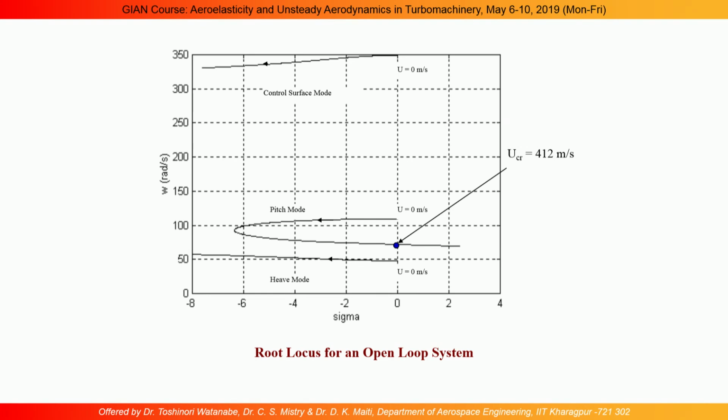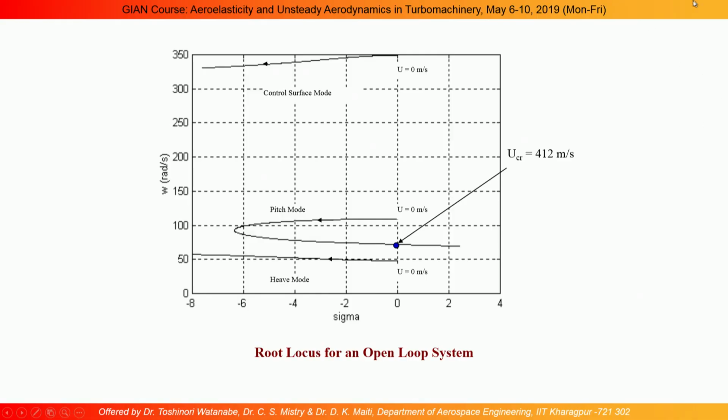The point or velocity at which it crosses is the flutter velocity. So this is another way of representing the flutter point, the root locus plot, meaning how the root varies for different forward velocity.